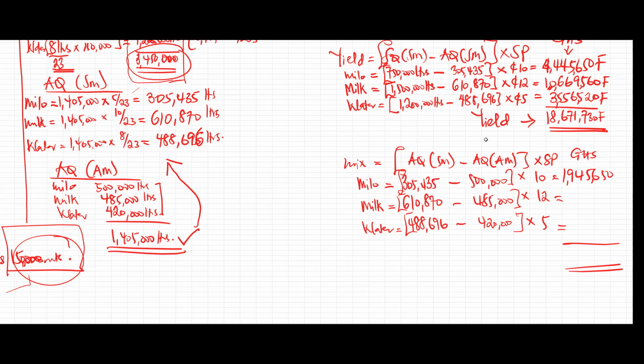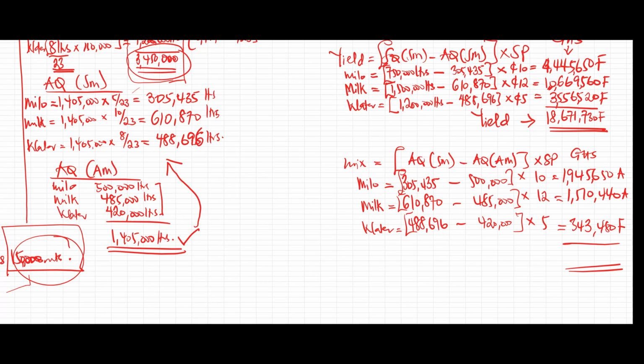610,870 minus 485,000, all at 12, we have 1,510,440. We have 488,696 minus 420,000, all at 5, 343,480, favorable, right?